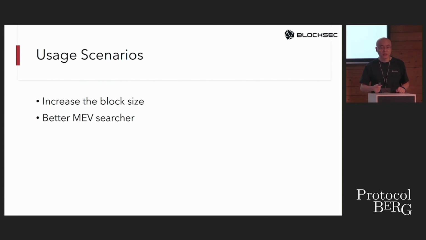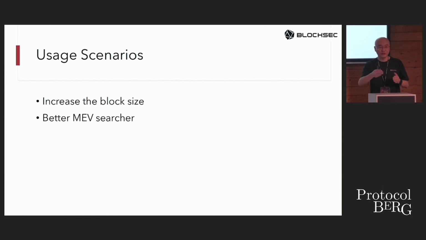The second user scenario is that we can have a better MEV searcher. That's because when you perform MEV searching, you need to try to order the transactions inside the block to see whether there is a profit, what's the maximum profit when performing the ordering of the transactions.